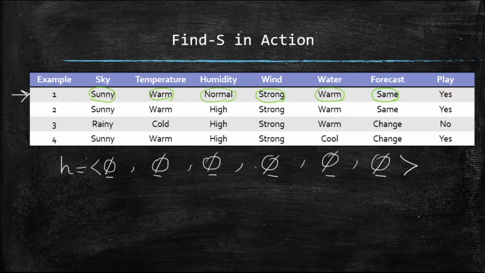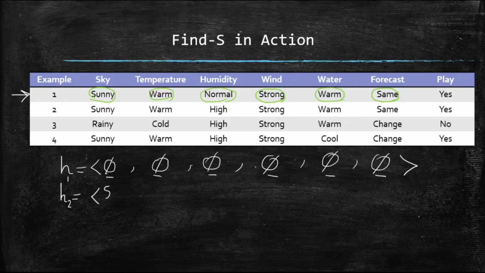So you can think about it, but I'm going to go ahead and write the answer. Just pause the video and think about it. What is the next type of constraint that you could put here that is more general than h of 1's constraints, but at the same time would accept the positive example 1 as positive?